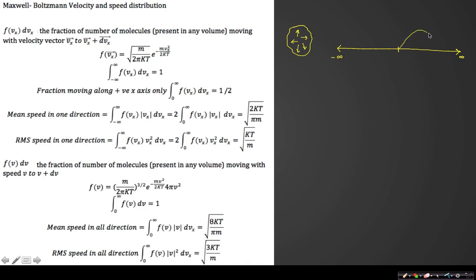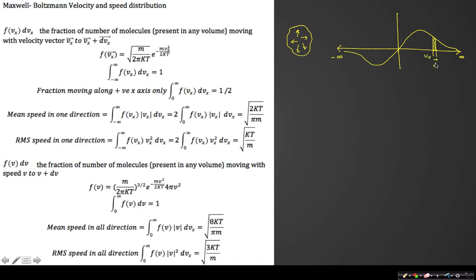So if the function looks something like this, then you can say that this is the fraction on the y-axis, and this is a small area, I will assume, from Vx to Vx plus dVx.